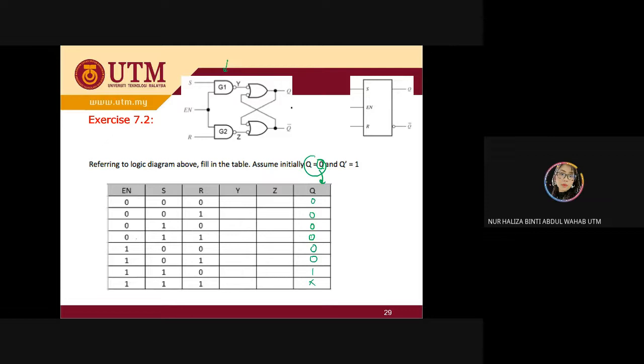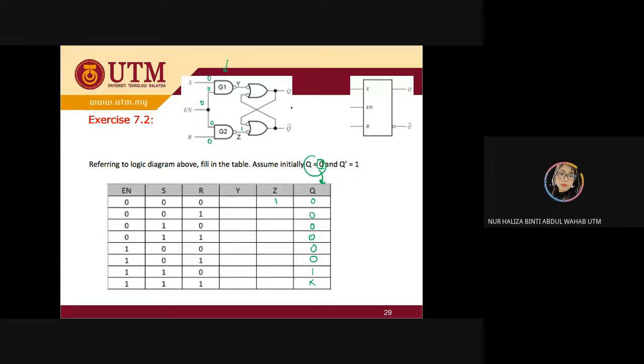For 0, 0, you're going to get 0 here. And then S is 0, R is 0. 0 and 0 for your NAND gate, you're going to get 1. So here will be 1.